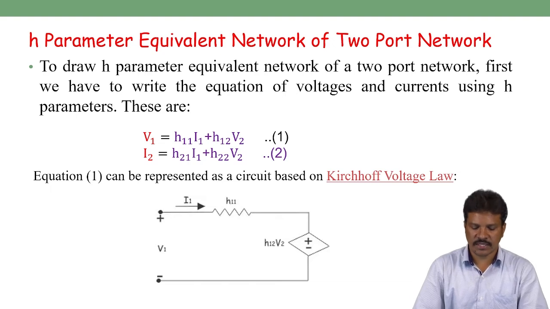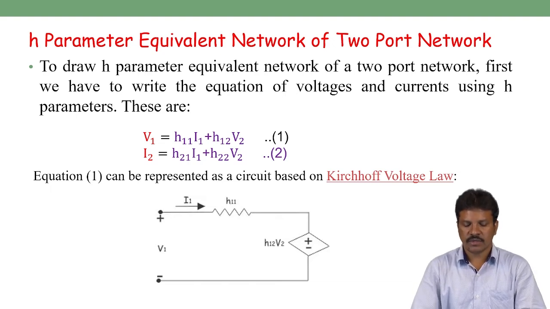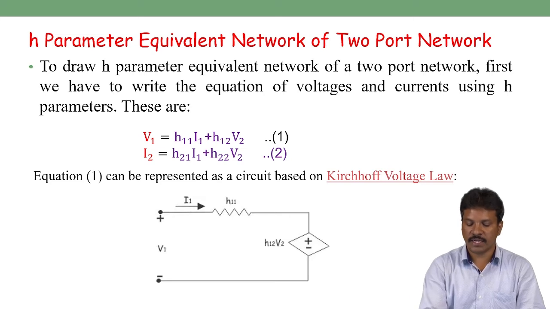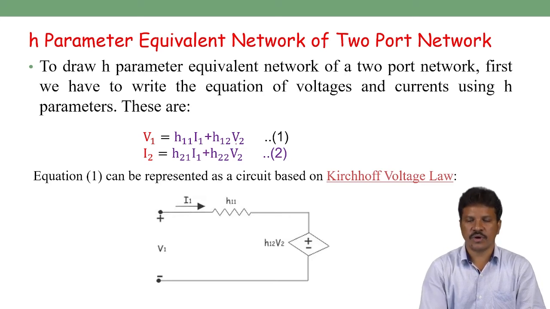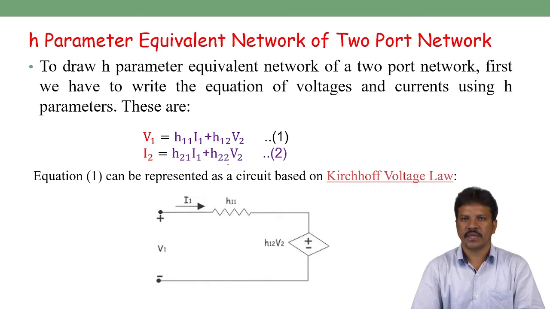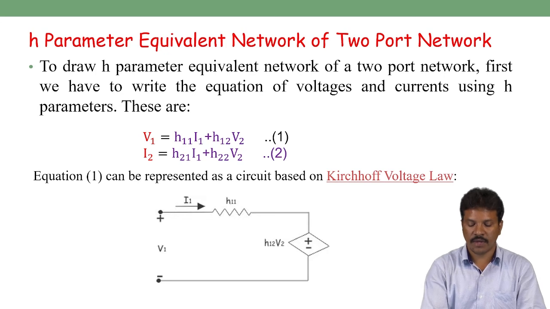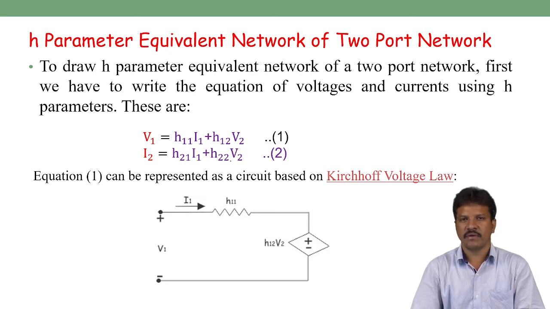In order to draw the h parameter equivalent network, first we have to write the equations of voltage and current. We know that V1 is equal to H11 I1 plus H12 V2, and I2 is equal to H21 I1 plus H22 V2. Here V1 and I2 are dependent variables, I1 and V2 are independent variables.